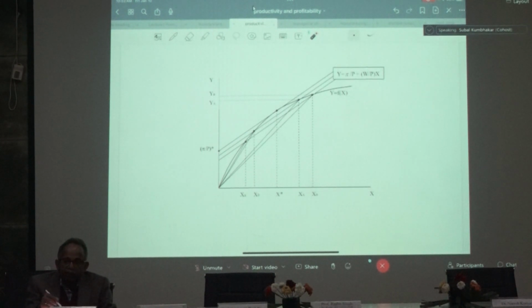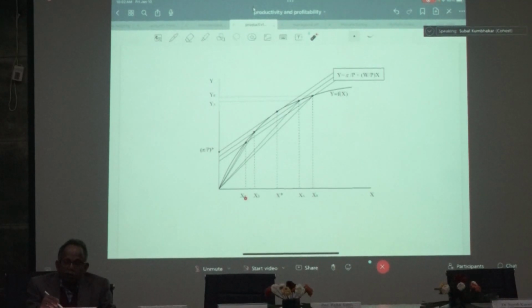For each of these, you can draw these lines to indicate their productivity, or average productivity. Average productivity associated with this much of resources is what you draw with this line, and the slope of that is going to be average productivity. As before, I was asking what is going to happen if you look at farm A or B using this much of X and this much of X: you will see productivity is decreasing.